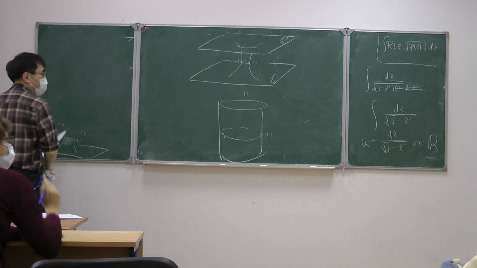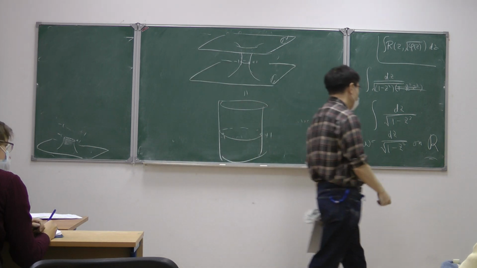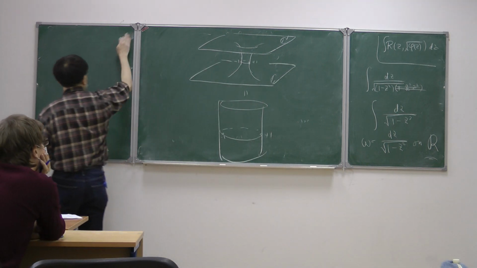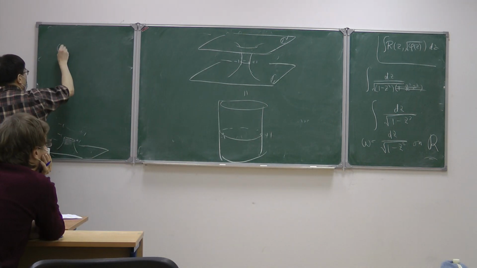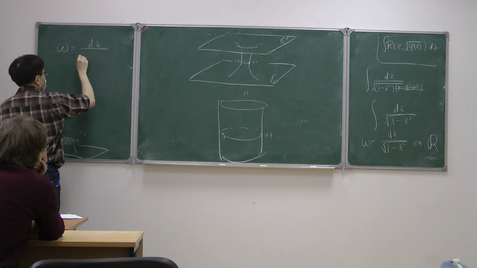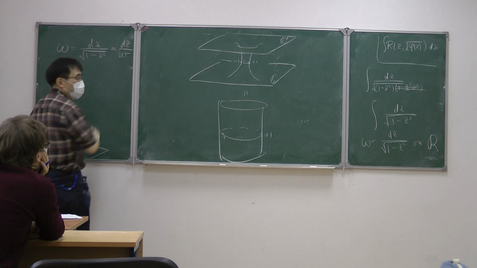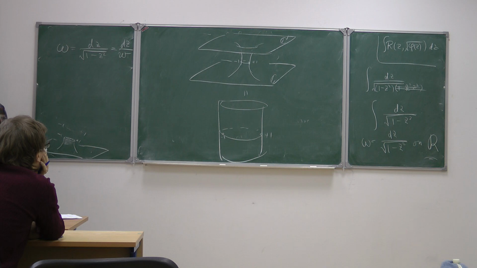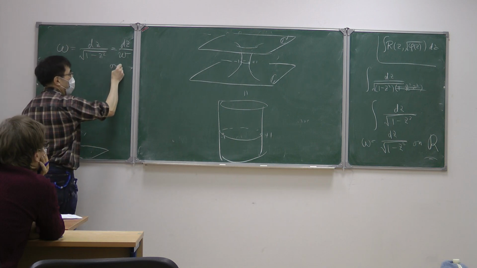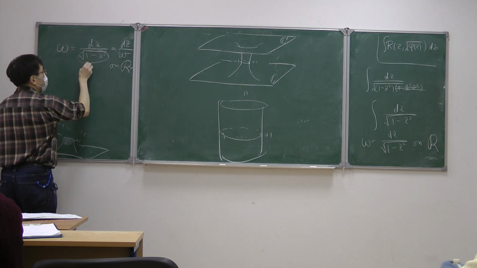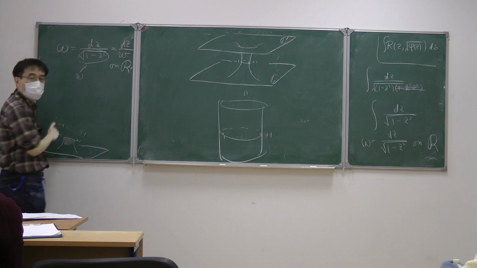And exactly speaking, to avoid multivaluedness of the square root, we should regard this omega as such a form on this Riemann surface. Do you mean d omega, or here? Well, this is w.